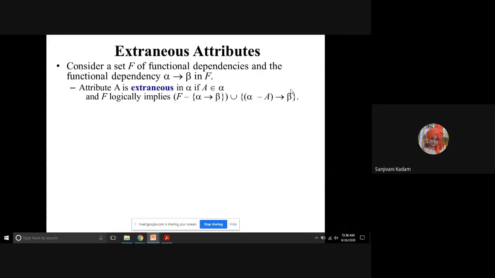So after removal of A, if we add the functional dependency and it implies the same F, then we say that A is an extraneous attribute.